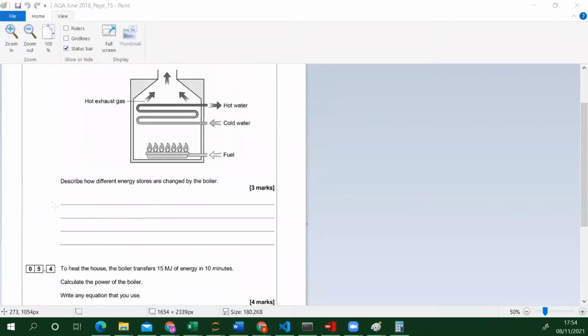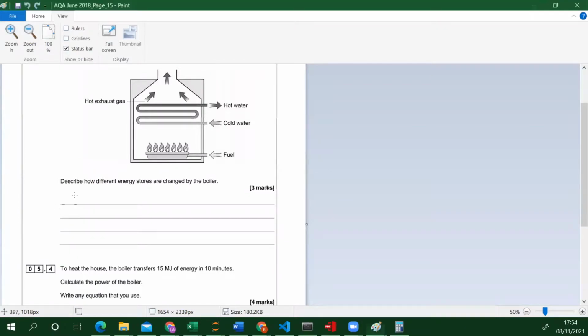First, we've got the fuel. Whether it's gas or even wood or anything, we still have chemical energy.